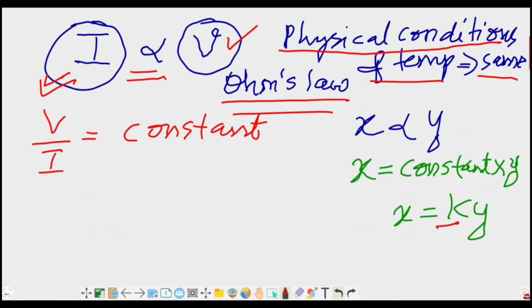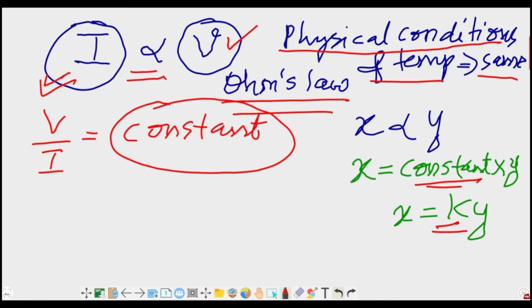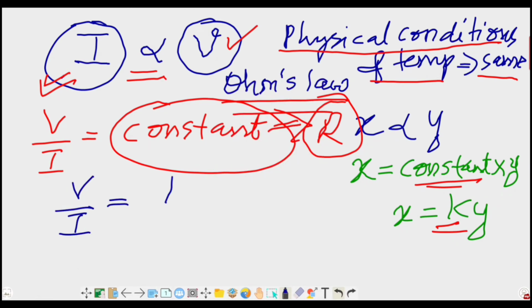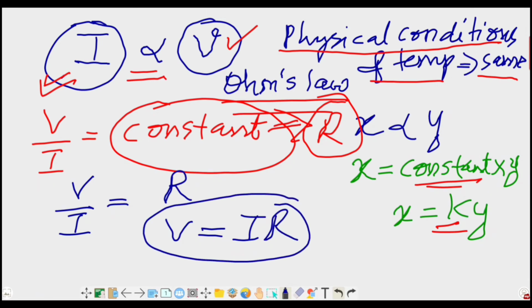Here in maths we consider k as a constant. He observed that this constant is numerically equal to the resistance. So he considered this V by I ratio constant to be equal to resistance. So V equals IR is Ohm's equation.